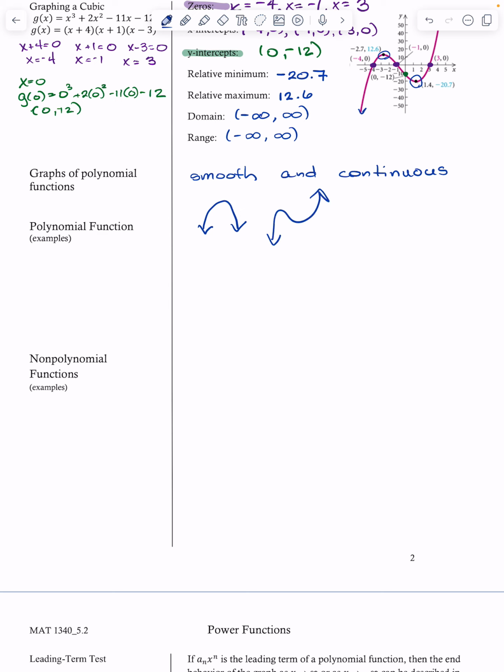And honestly, we could have a whole lot of different things going on. So here, negative x squared, we plus something. Here we've got maybe an x to the third.